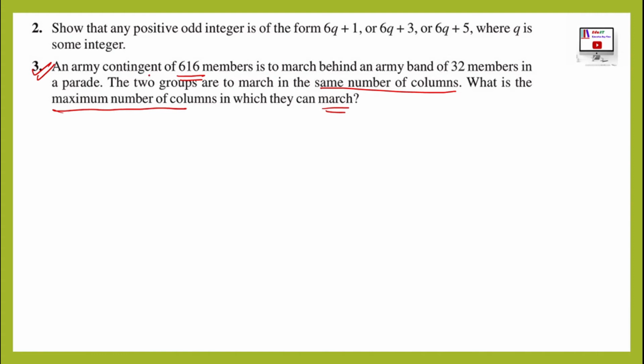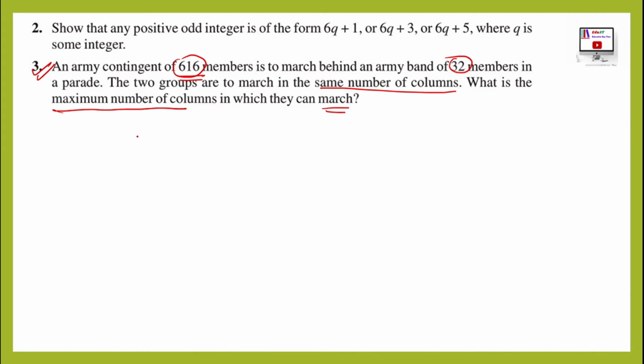So an army contingent of 616 members is to march behind an army band of 32 members. So for this we have to find the HCF of 616 and 32. So that will be the same number of columns with the maximum number of columns in which they can march.